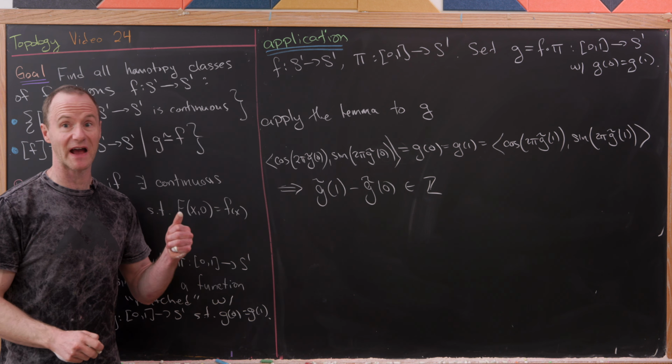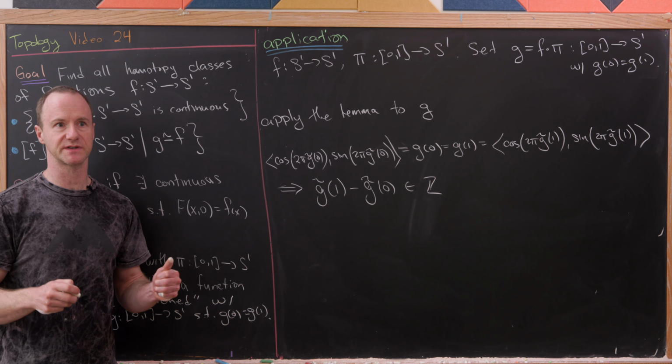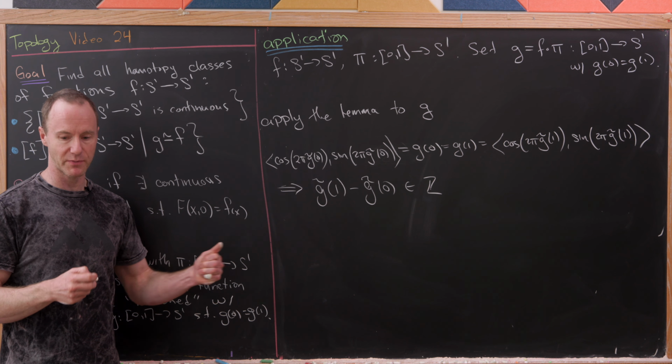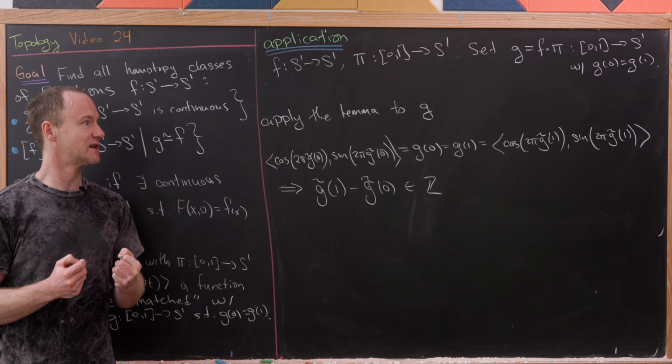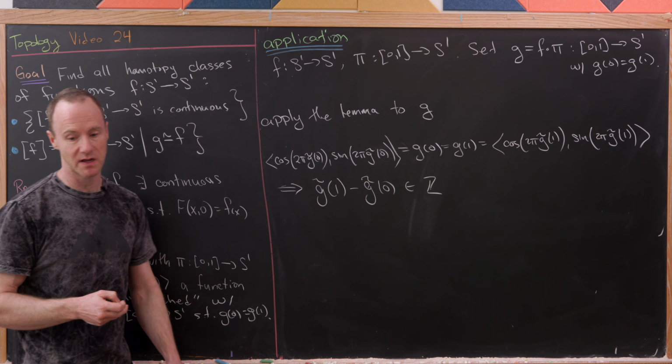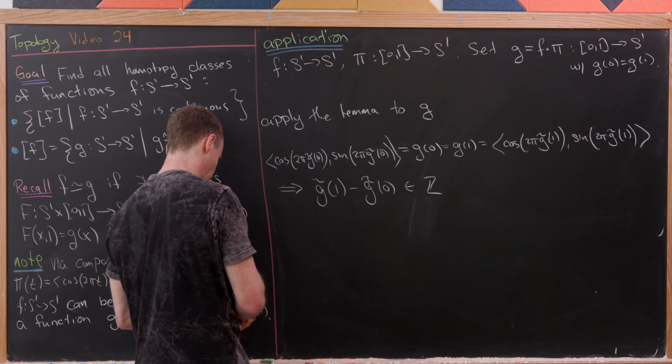And this integer is in fact very important, as we'll see, maybe not in this video, but in an upcoming video. So we want to give this integer a certain name. So let's give it a name right here.